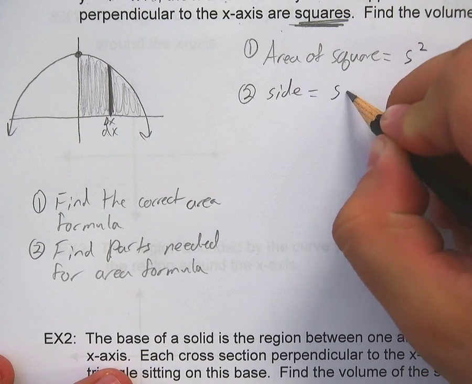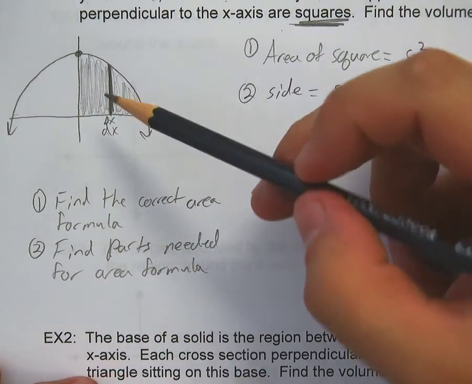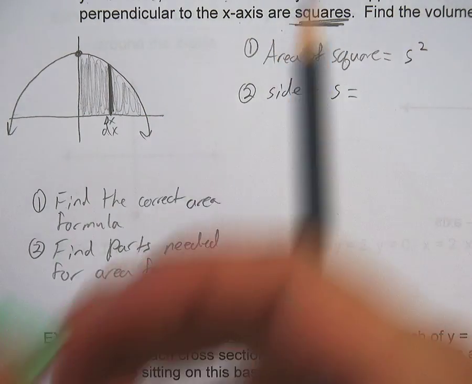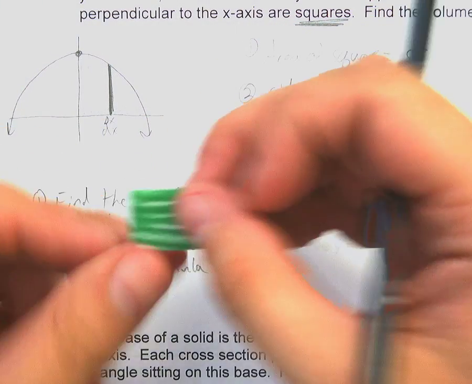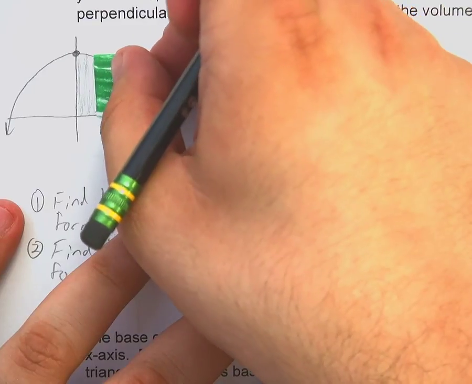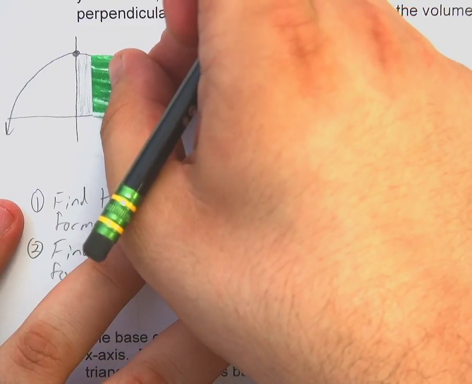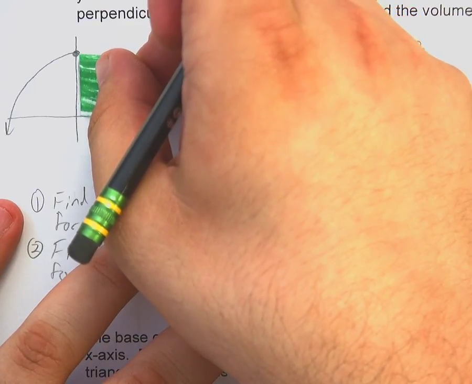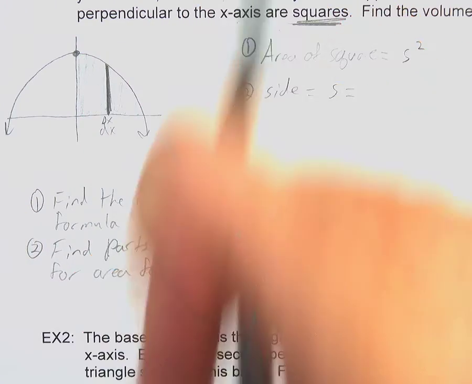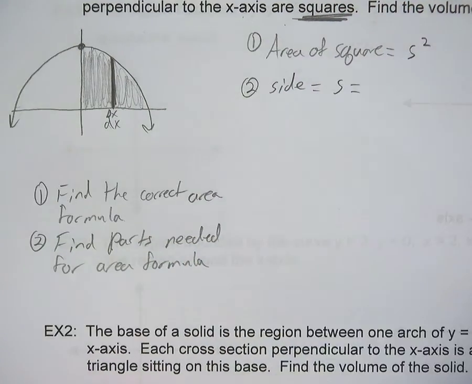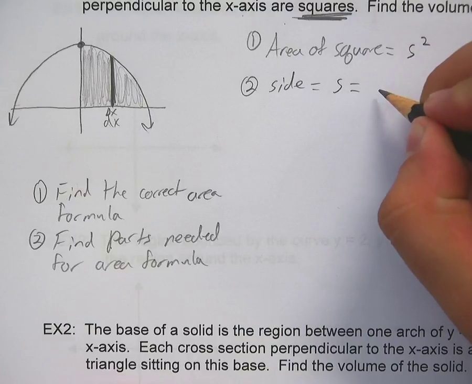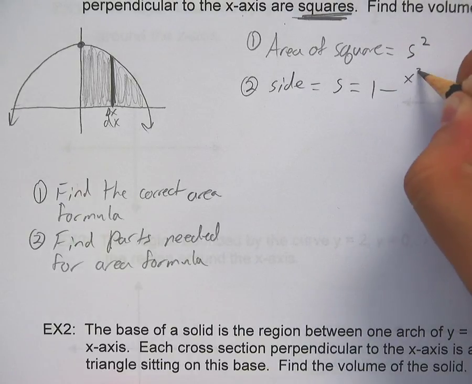So my side is s, the side of this square right here is going to be however long my function is. So up here I'll have a bigger square, down here I'll have a smaller square. So it's just going to be my function, 1 minus x squared over 4.